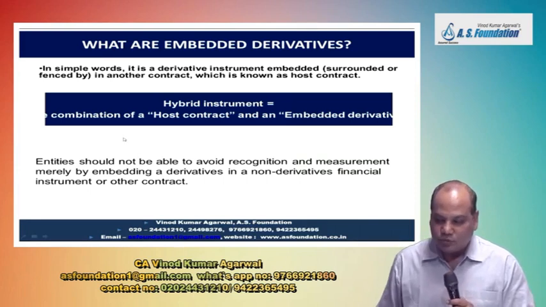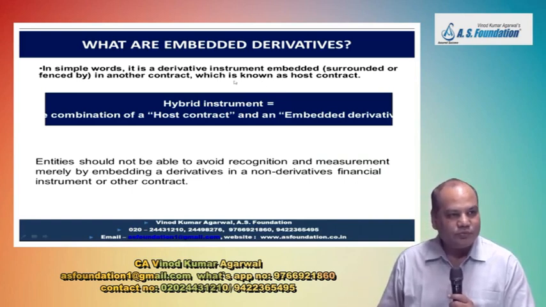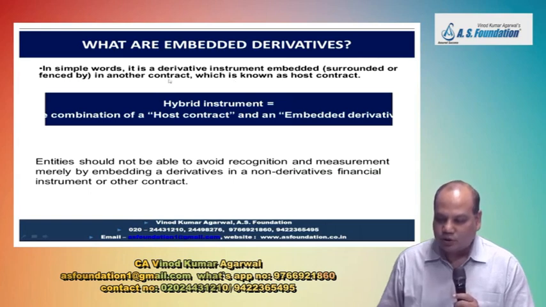Okay. So in simple words, it is a derivative instrument embedded in another contract which is known as host contract. So two things are merged into one. One contract, and a contract contains a derivative also.